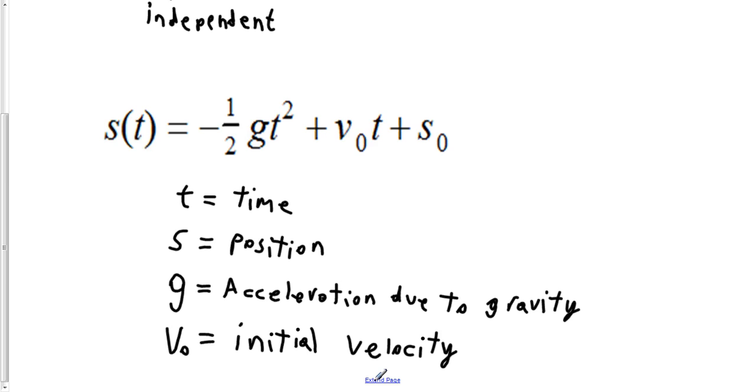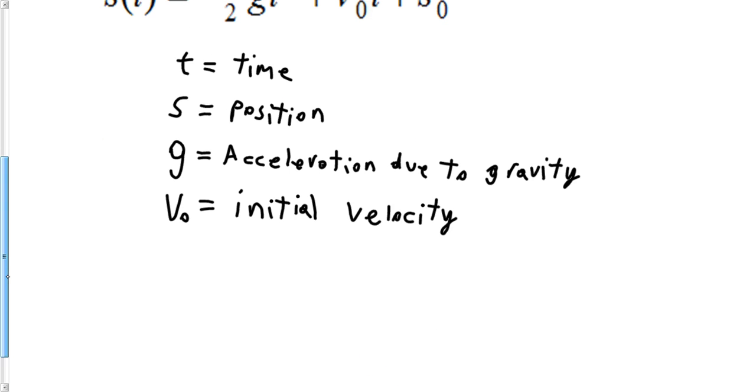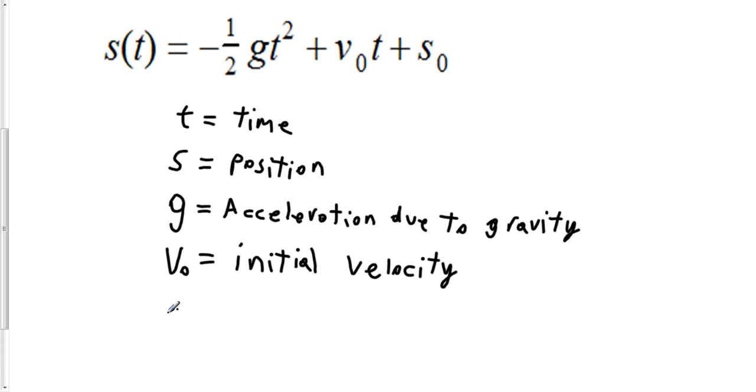All right, and let's see. The last thing in here is s sub zero, and that is just the initial position, or the position at time zero. That should be obvious: if you plug zero in for t, the only term left will be s sub zero, and that's why it's called the initial position.